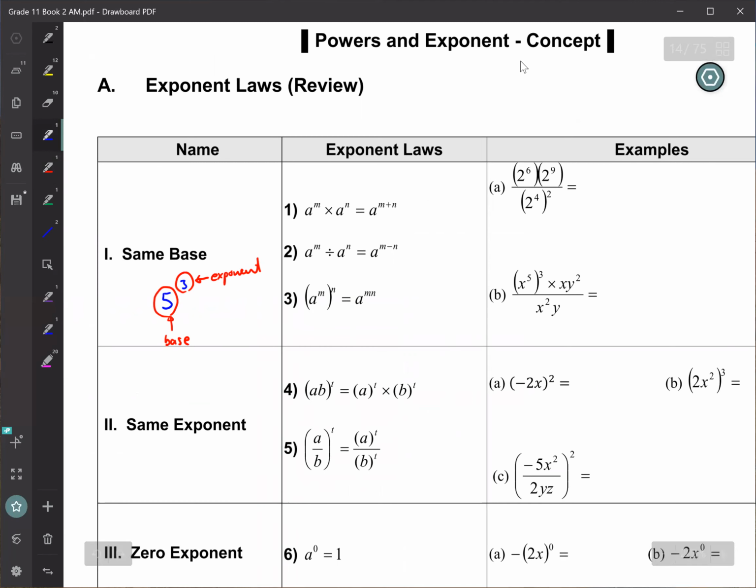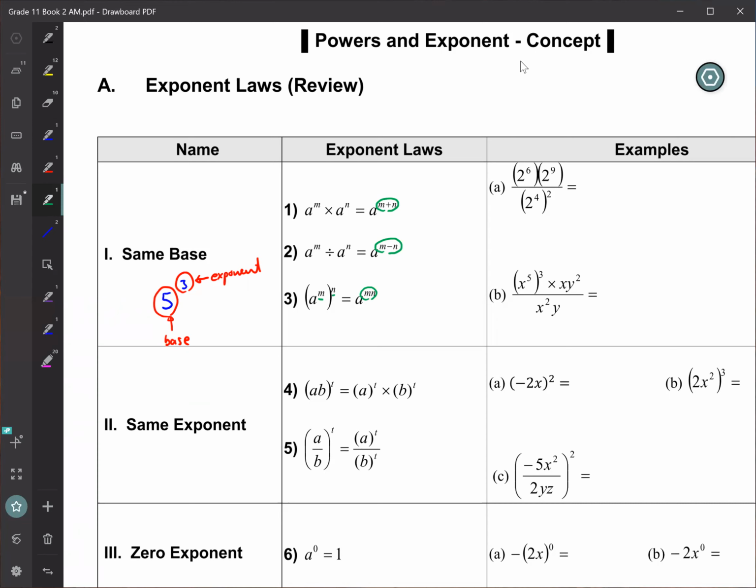So the first rule is saying that if you are multiplying with the same base, the exponents should be added together. For multiplying; if it's dividing, it should be subtracting exponents. If it's power, a to the nth power and then to the nth power, if the exponents are next to each other, then you would multiply.